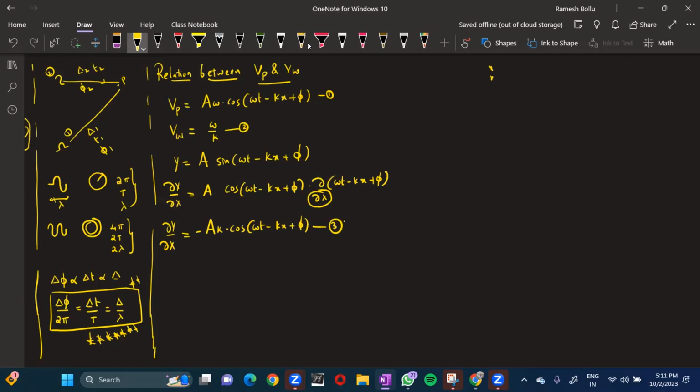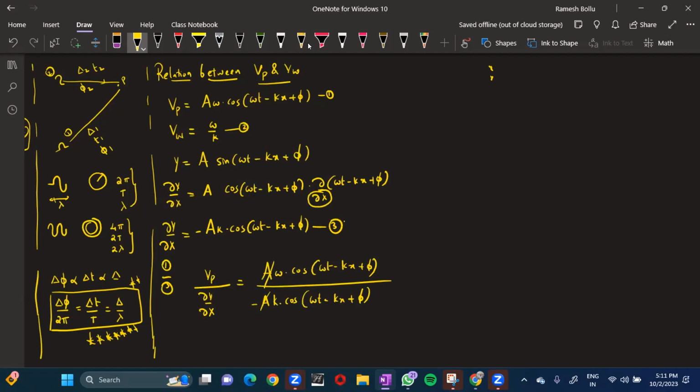Now I will divide equation number 1 by equation number 3. If you do that, you get Vp by dou y by dou x equal to a omega into cosine of (omega t minus kx plus phi), and the whole divided by minus a into k into cosine of (omega t minus kx plus phi).